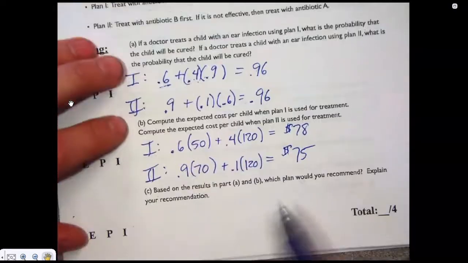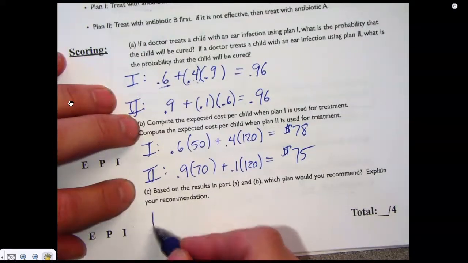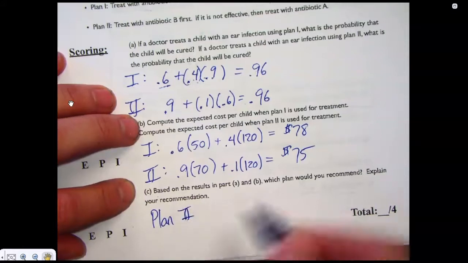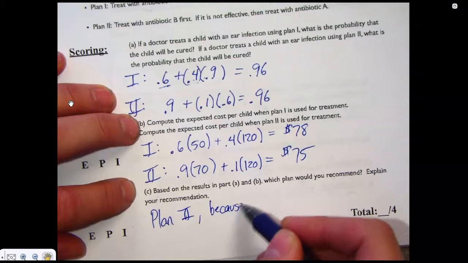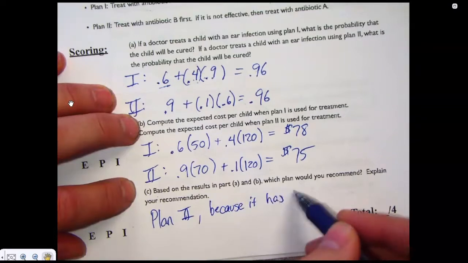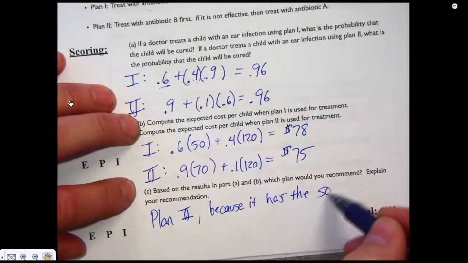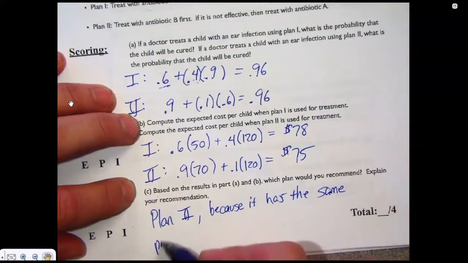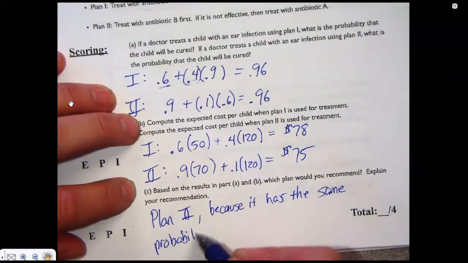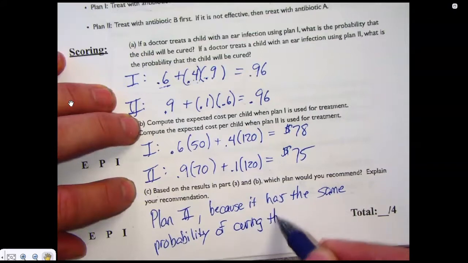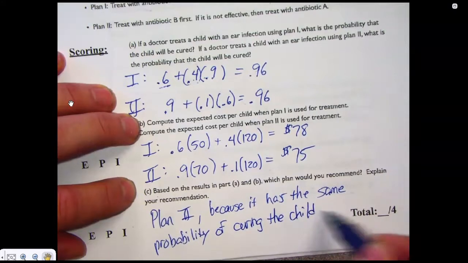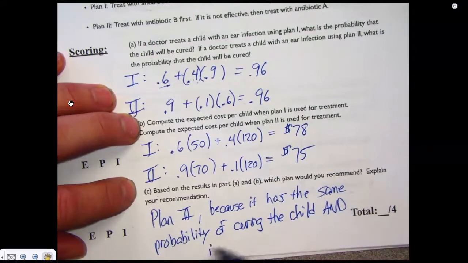So that's what you want to say in part C. I would recommend plan 2 for 2 reasons. Because it has the same probability of success of curing the child, and is cheaper.